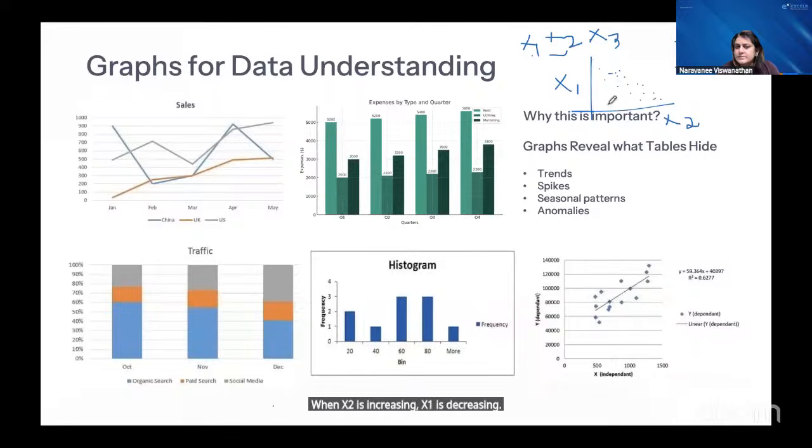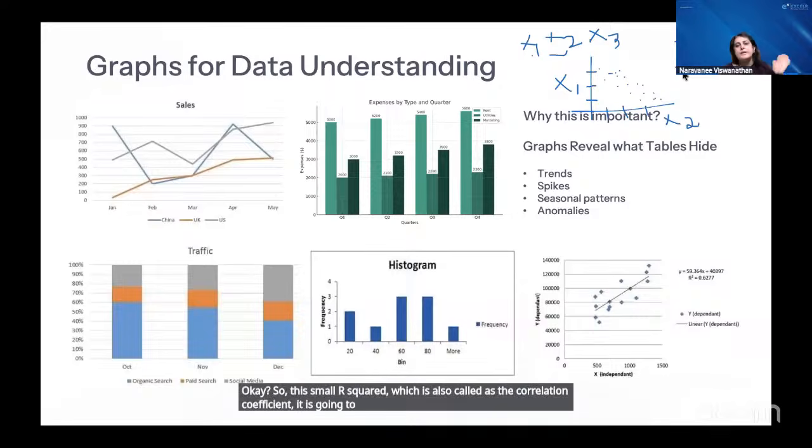Can you see that? As my x2 is increasing, you can see my x1 is decreasing, correct? Yes or no? How many of you are following? So here you will find that it is having a negative relationship. So this small r squared, which is also called the correlation coefficient, is going to lie between -1 and +1.